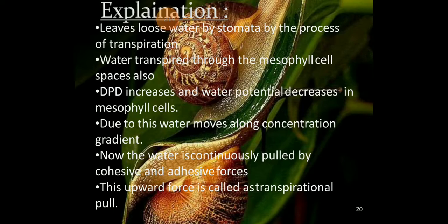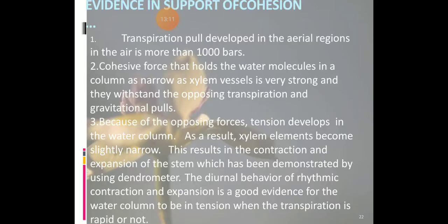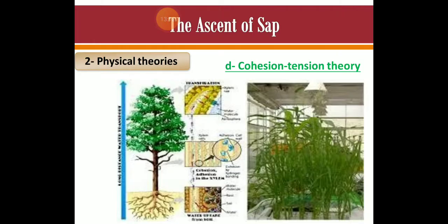Due to that, the movement of the molecules takes place, and also due to transpiration in the leaves, the xylem water molecules are transported to the leaf portion. So this is how cohesion and tension take place in the plant.